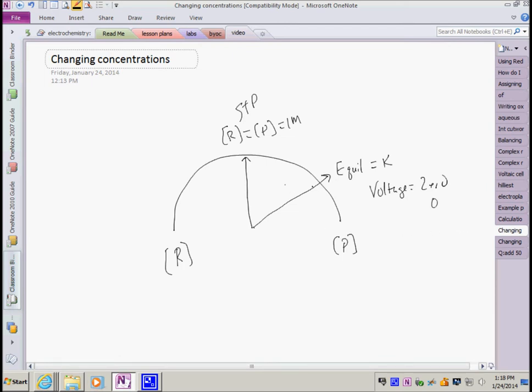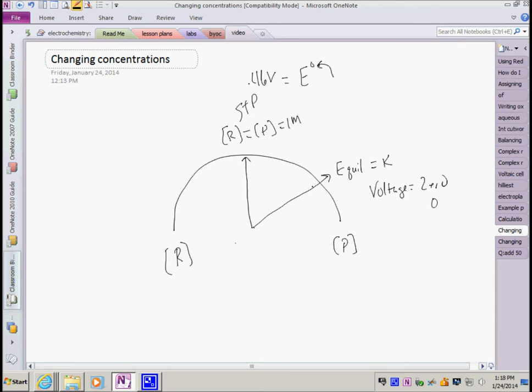So what happens when I change my concentrations? Well, I crank up to 1 molar. This STP, the 0.46 volts, is referring to this point where my concentrations are 1 and 1. We call this the electropotential standard. Again, that is standard temperature and pressure.